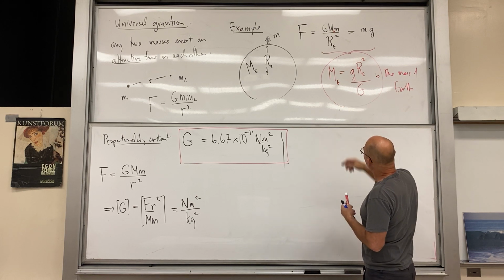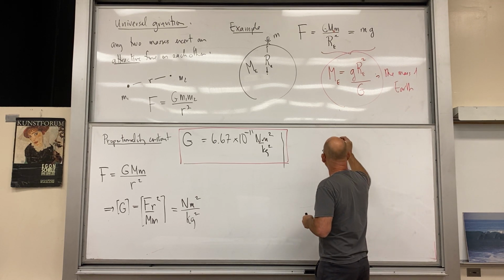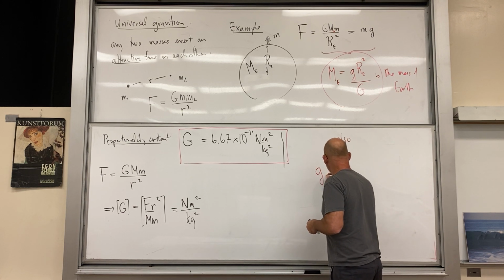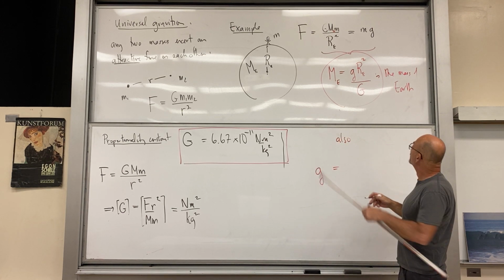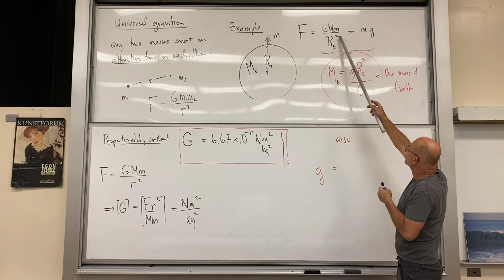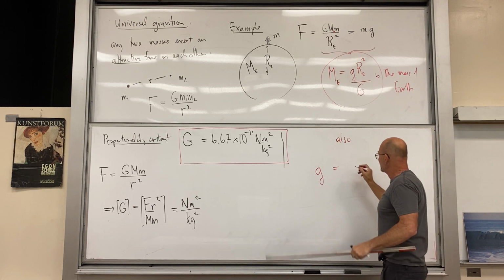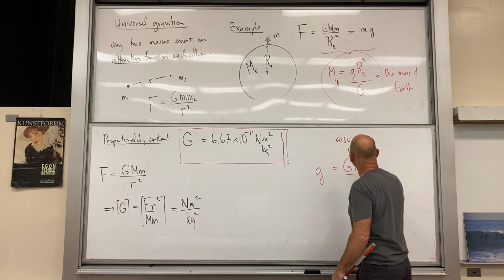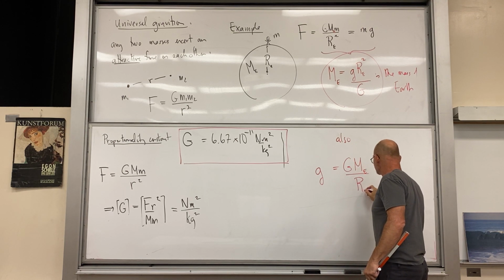So solve the equation at the top for g. So what do we have there? g is equal to, again, the lowercase m's cancel, G mass of Earth over radius of Earth squared.